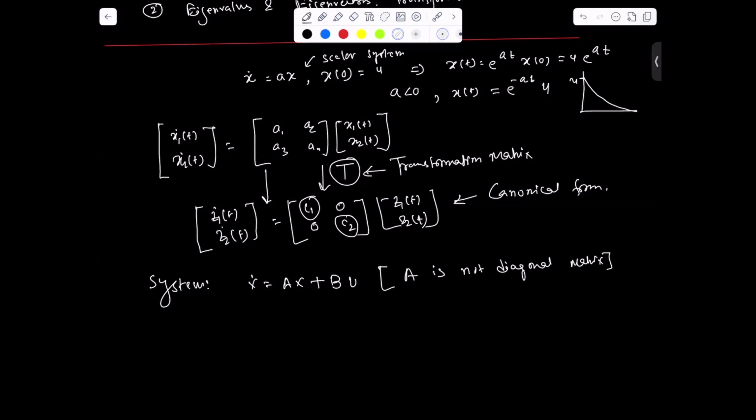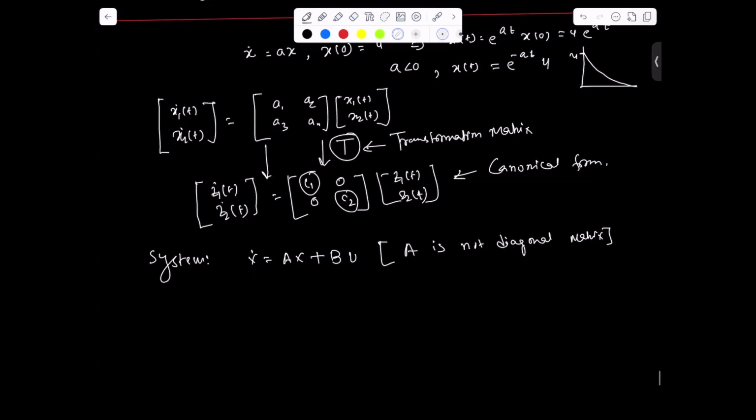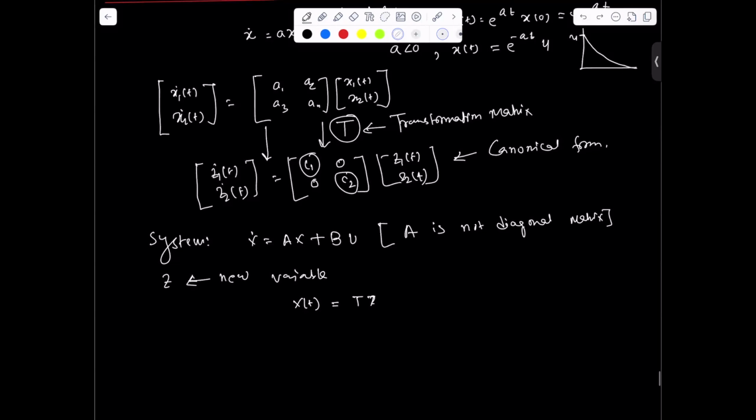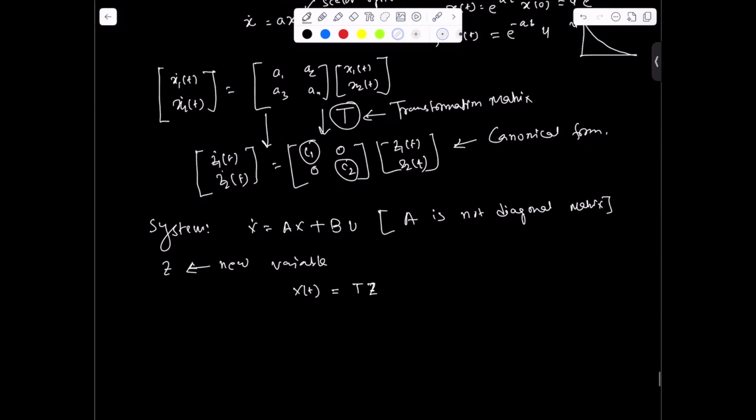Okay. So here we are introducing a new variable z. We are defining a new variable, and this new variable is related by the following equality. We are writing x of t equal to T z of t, where z is a vector.